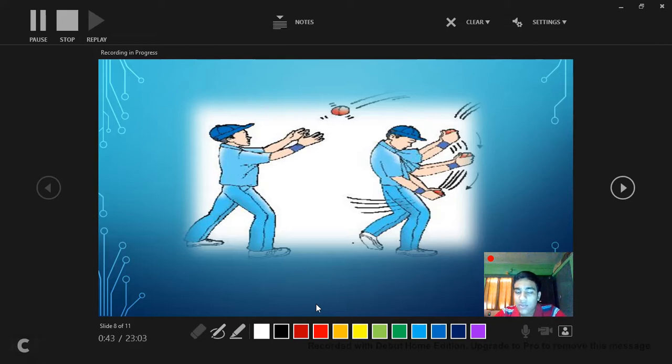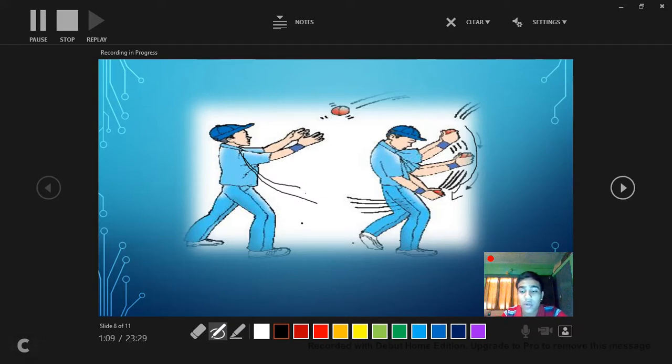That's why you will see that good fielders bring their hands below, like this, before catching the ball.